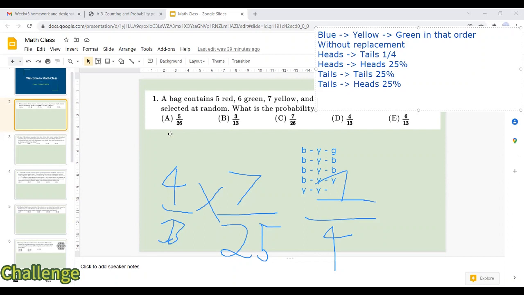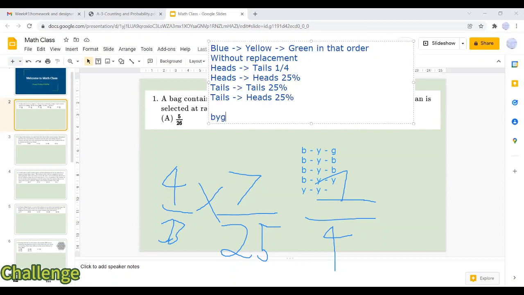So yeah, blue, yellow, green; blue, yellow, blue; blue, yellow, red; and then what's the other color? Blue, yellow, yellow. And then we can replace the yellow with a blue here.